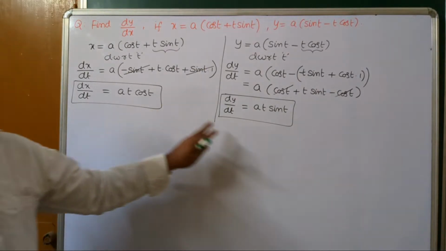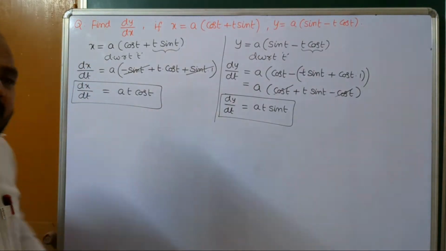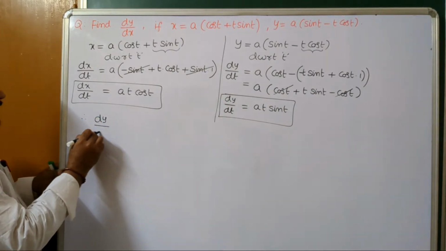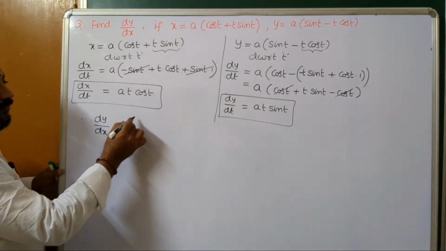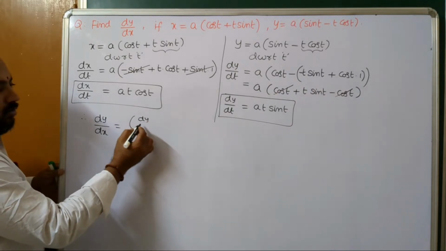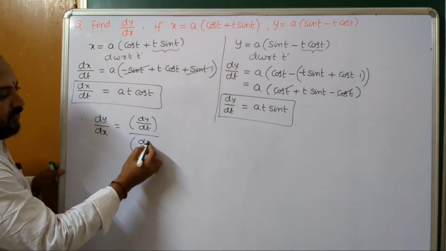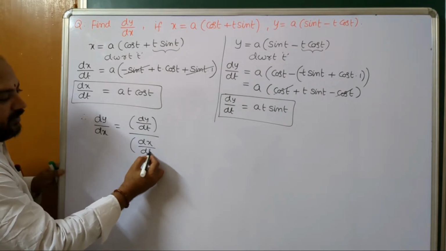After getting these results, we know how to write dy by dx is equal to dy by dt whole divided by dx by dt.